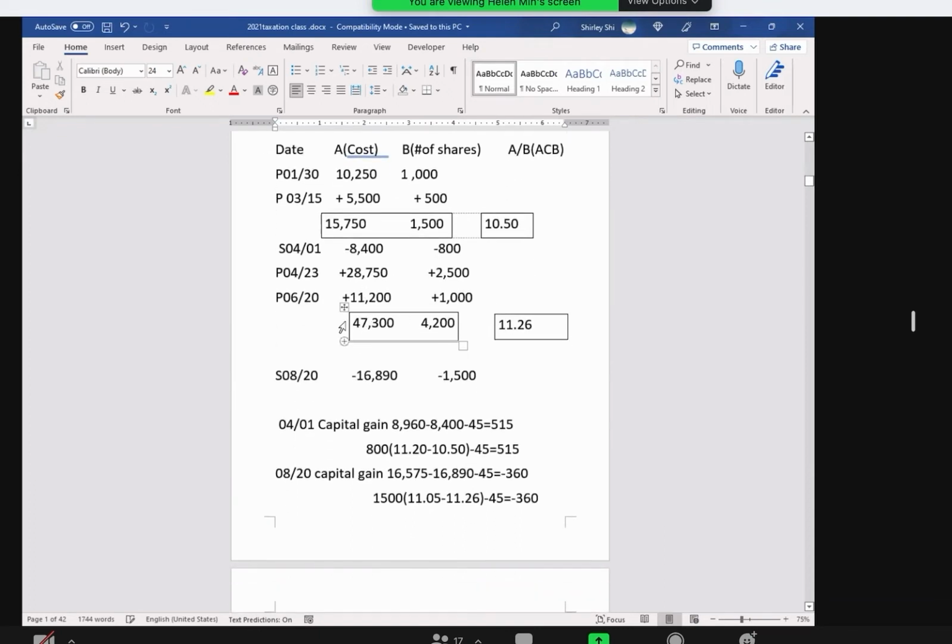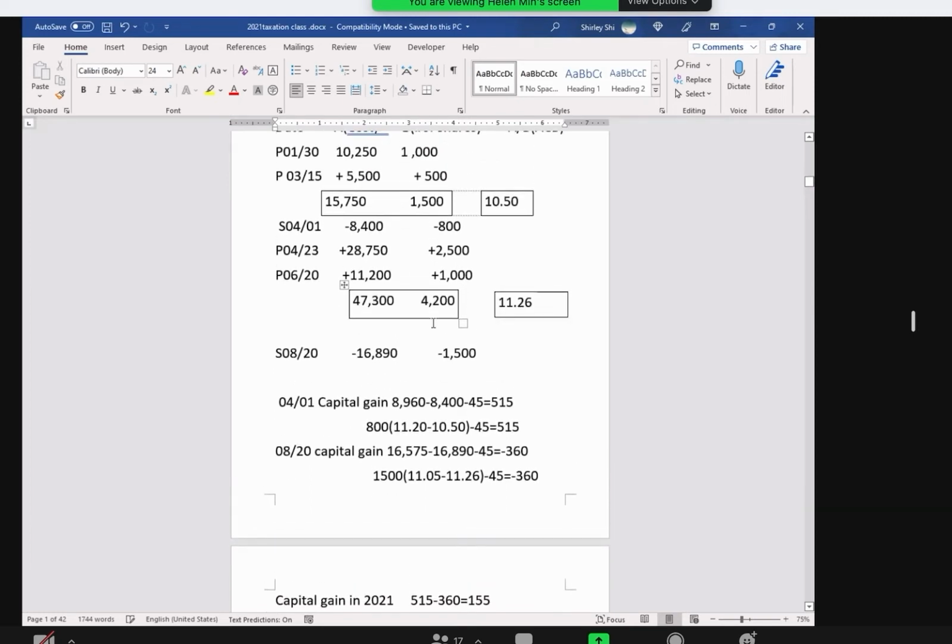You're only doing the subtraction, minus 1,000, minus 1,500. Then you still calculate the cost. So the cost is still 16,890, but you don't take a capital loss.